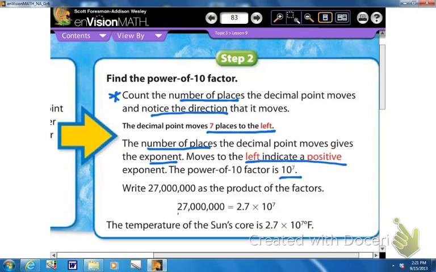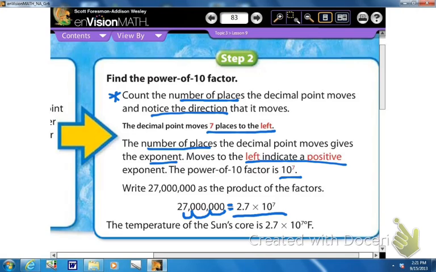So look at this. At first we were looking at the number 27 million. Now you know that another way to write that, which is equal to 27 million, is to write 2.7 times a power of 10, because we moved the decimal place 7 times here, right? Remember, it was over here, and then it moved 3, 6, and one more jump there, 7 places.